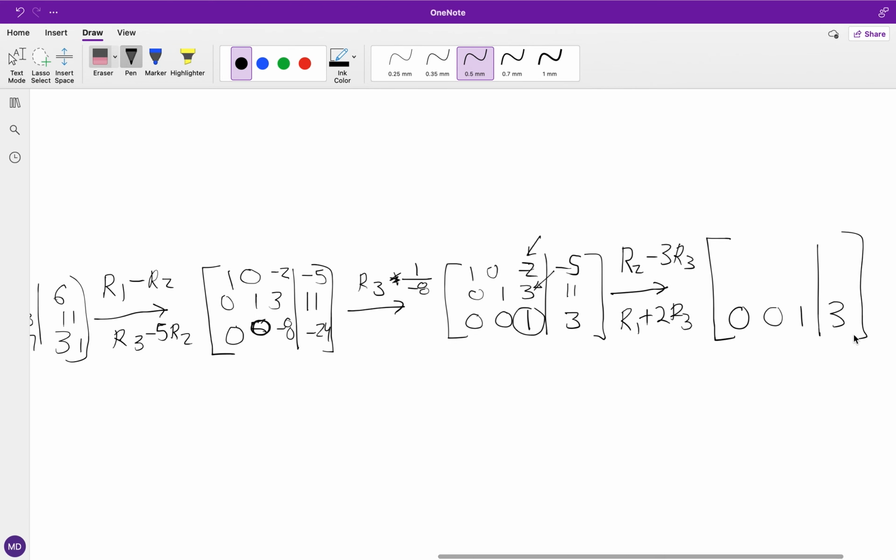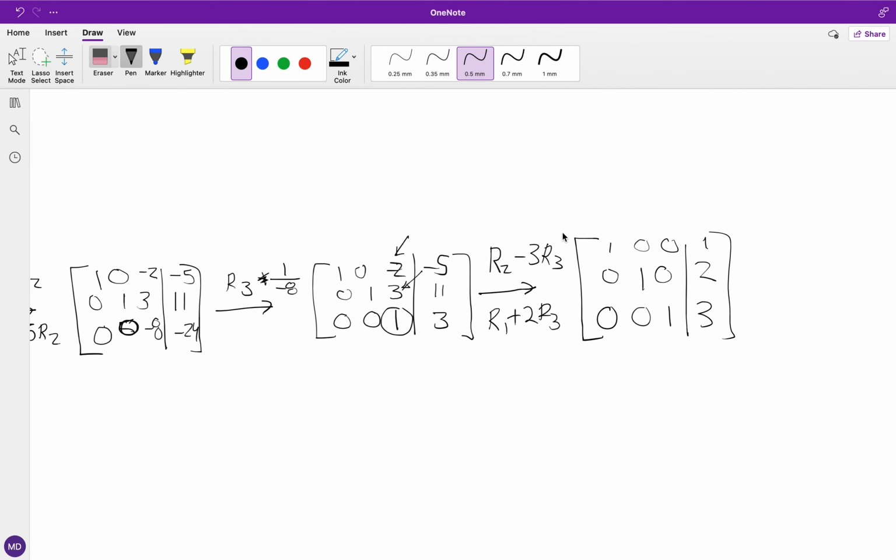So now this is 0 still, this is the 1 still. We're going to do R2 minus 3 R3, so this will become a 0, 3 minus 3, and this is going to be 11 minus 3 times 3, this becomes a 2. This will become a 1, a 0, a 0, and we're going to do negative 5 plus 2 times 3, which becomes a 1.